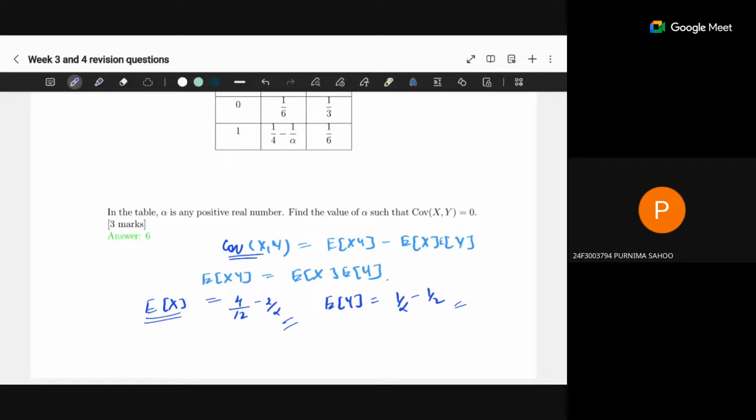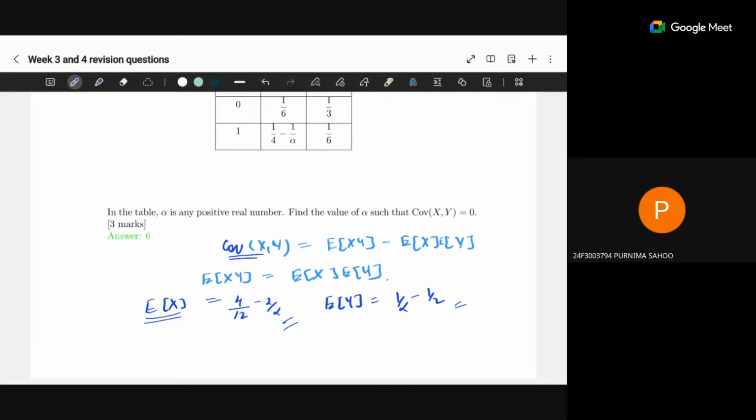We can't say it, right? Uncorrelated doesn't mean independent. That is not necessary. Every time, it is not necessary that if my covariance is 0, it will come out to be independent. Okay, ma'am.